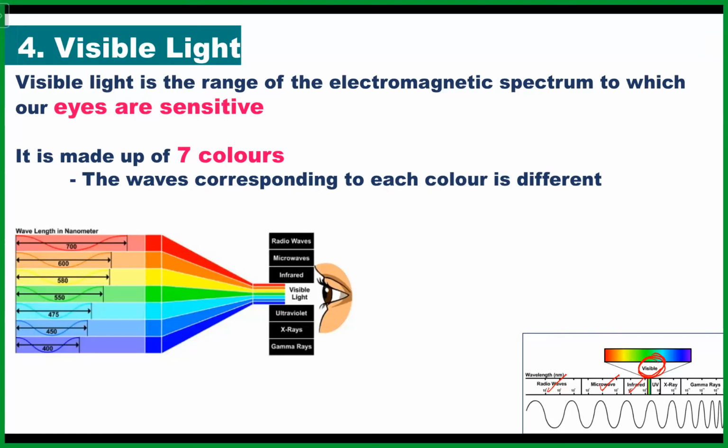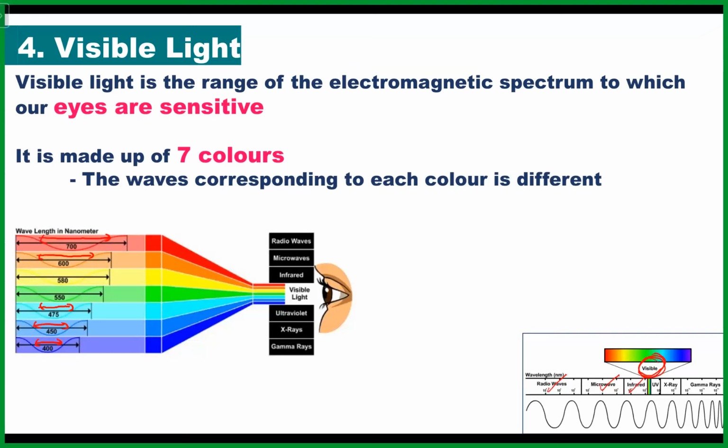So what do you notice? The red light has a higher wavelength, and orange light has a lesser wavelength. And when you go all the way down to blue, indigo, and violet, these waves have a much lower wavelength. So each of these 7 colors has different wavelengths, different frequencies, and different energies for themselves, right?